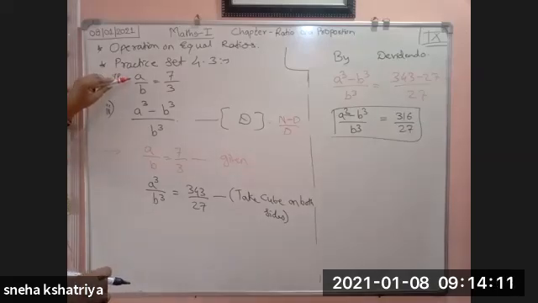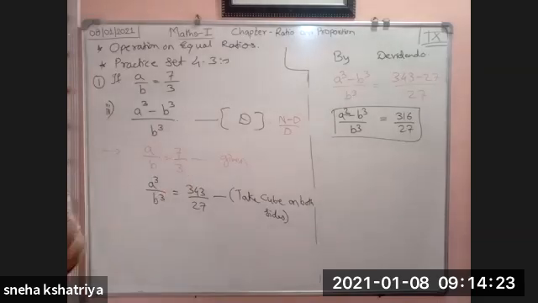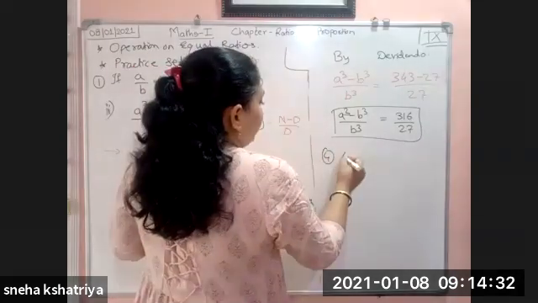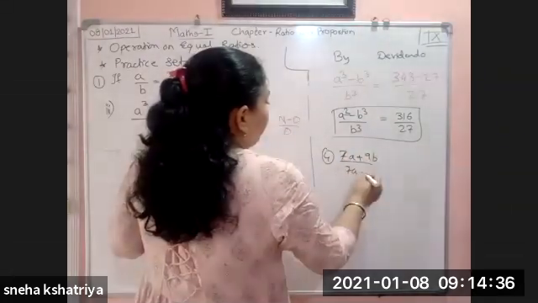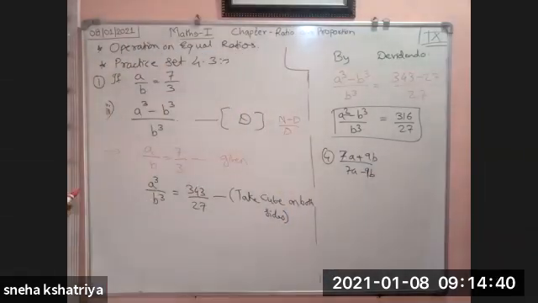The first example was with simple a, second was a square, third one was with a cube. If the example changes, how are we going to change the method that I have given you in the last 3 examples? For the fourth example, 7a plus 9b divided by 7a minus 9b, this becomes a very easy example compared to this.